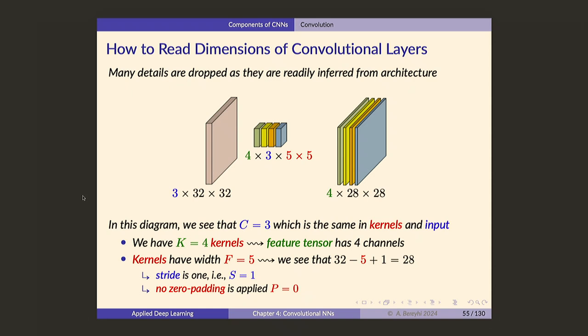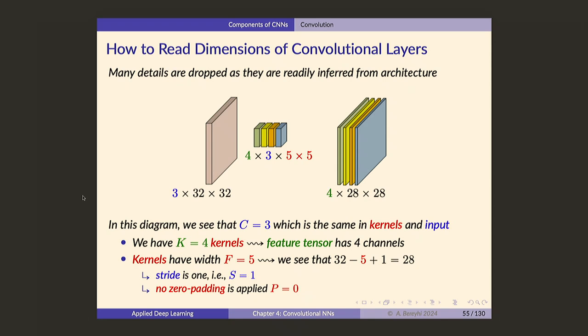So you're going to get your 32 by 32 image once again. Here is 32, here is 32. We have 3 of them stuck to each other. This is the number of channels that we have. This is 3. And then we get a filter, which is a small one.